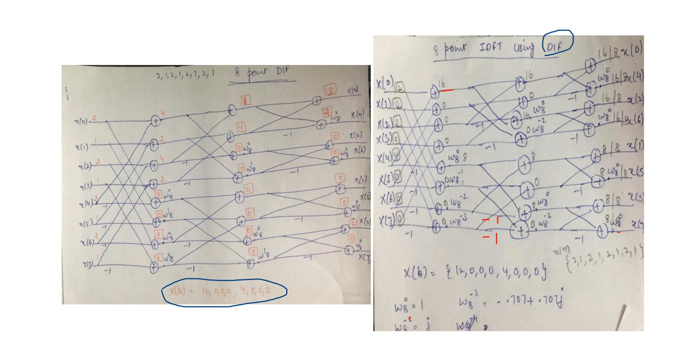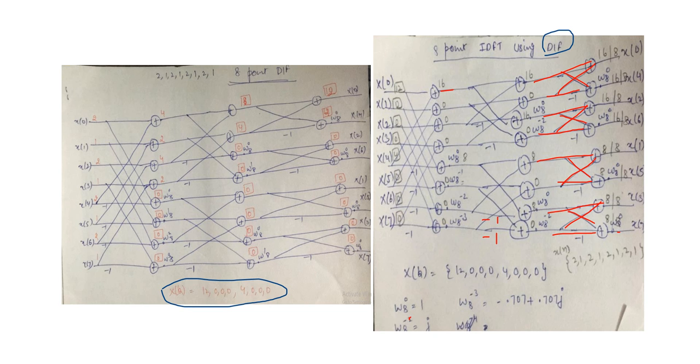Now move to the third stage. This 16 plus 0 is 16. 16 minus 0 is 16. 16 plus 0 is 16. 16 minus 0 is 16. I am saying minus 0 because this minus 0 is multiplying with minus 1. 8 plus 0 is 8. 8 minus 0 is 8. 8 plus 0 is 8. 8 minus 0 is 8.